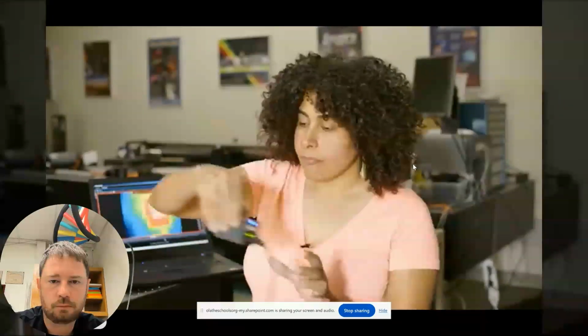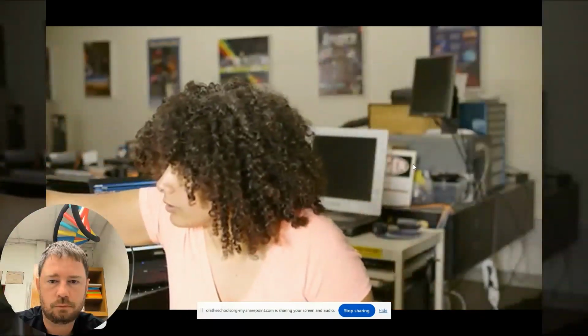Even our bodies and objects around us emit light. This is a special camera that can detect that light. So now this camera is measuring the light that is coming off of my body. On the screen, you can see red represents warmer temperatures and blue represents colder temperatures.